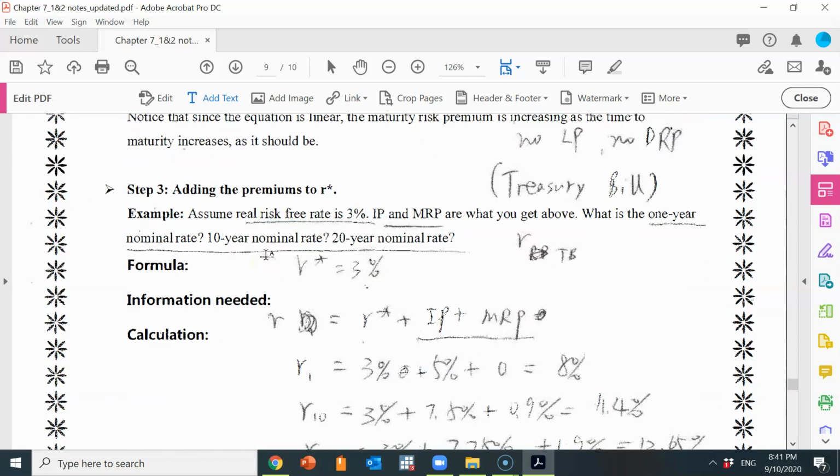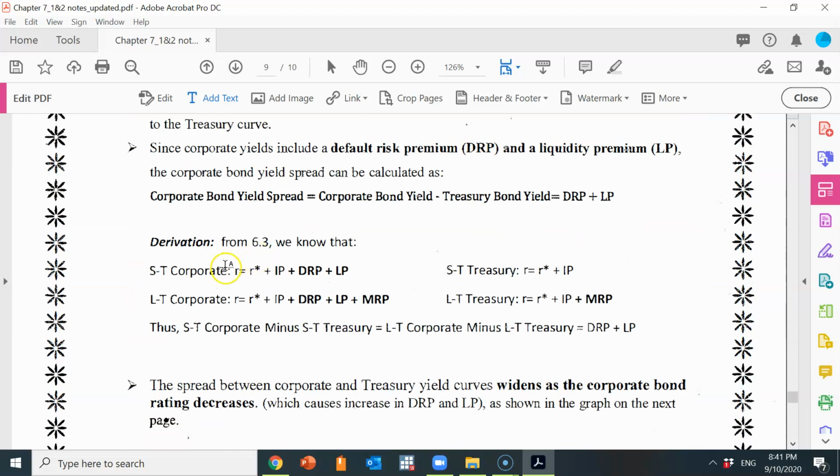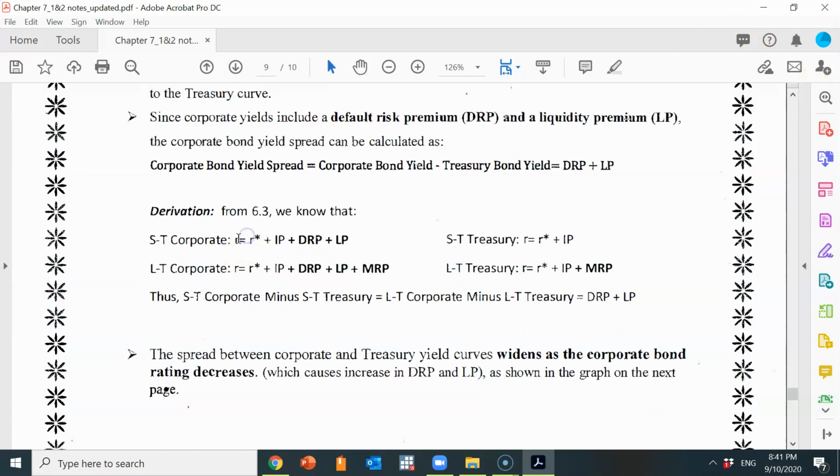Okay, so alternatively, we can derive by using the equations for short-term corporate and treasury, and long-term corporate and treasury. Remember, for short-term corporate, the formula looks like this, because it's corporate bonds, so we have DRP and LP.